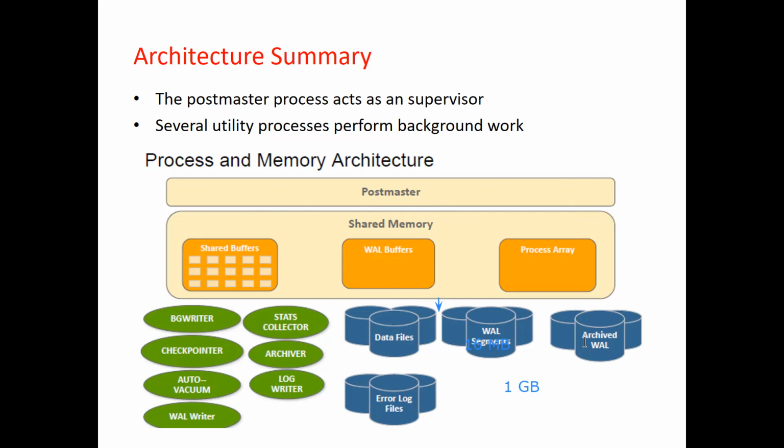So data files contain the data, and WAL segments contain the changes that are made to the database. From WAL buffer to WAL segment, which process writes it? The WAL writer will write it.